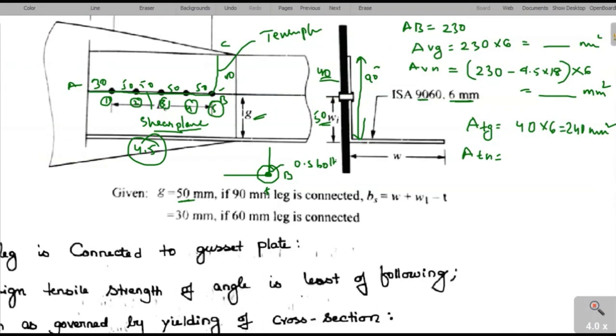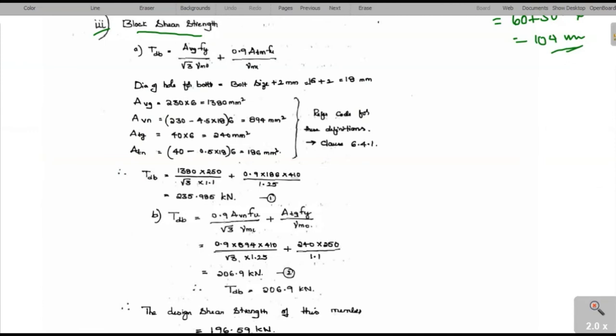So 40 minus of 0.5 times of bolt hole diameter into 6, అంటే 40 minus of 9 into 6 అంటే 31 into 6. You will get some value. Okay. So that is what we found out here.